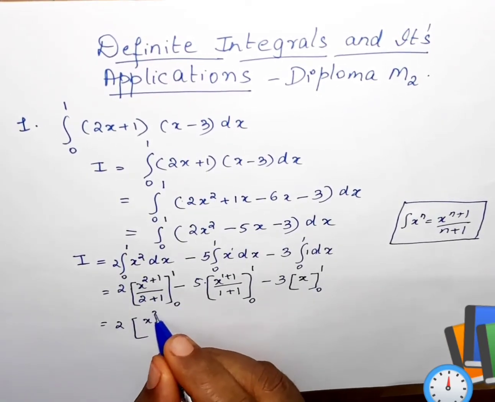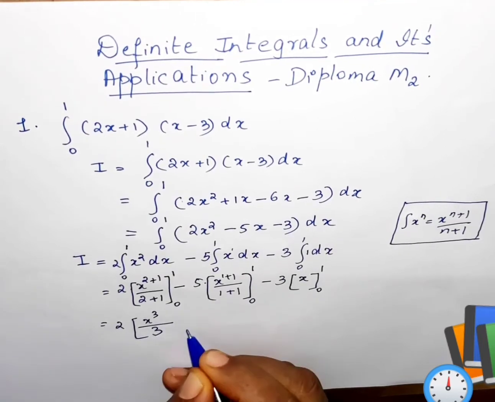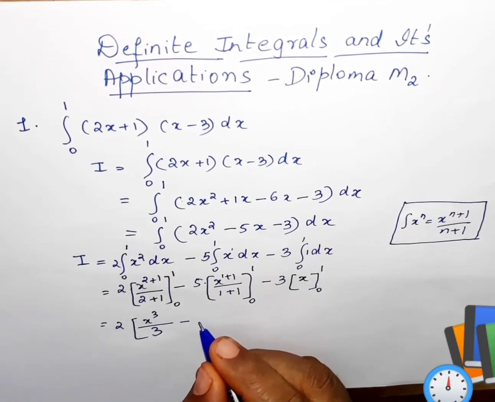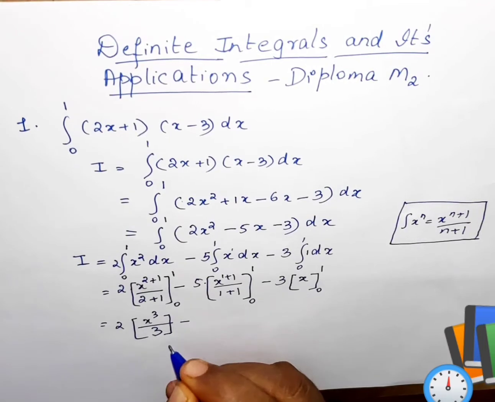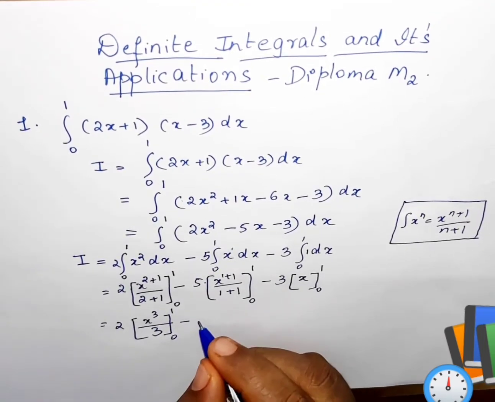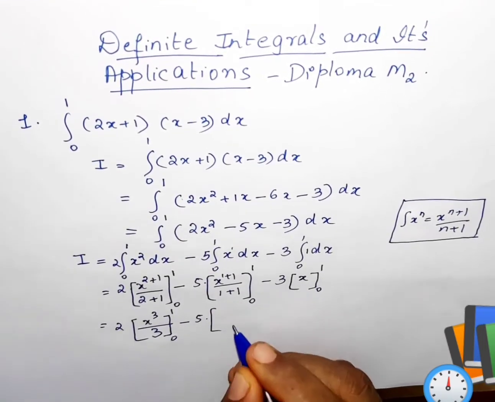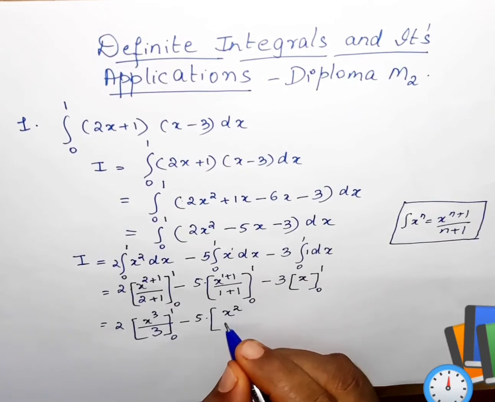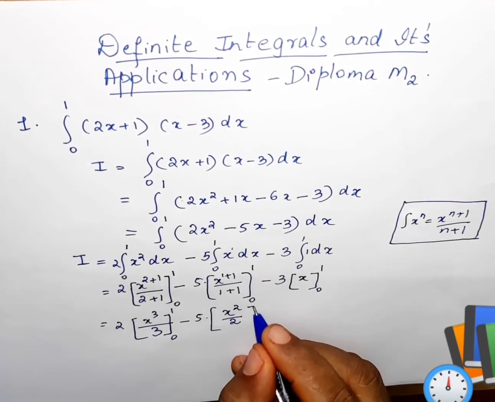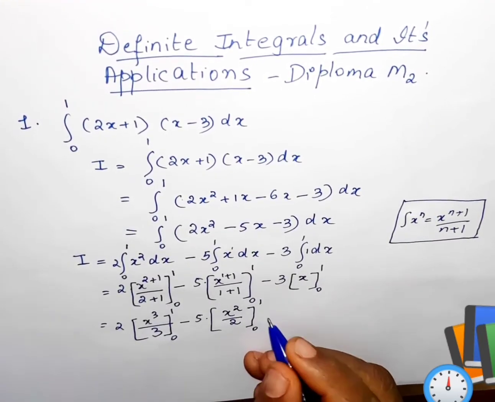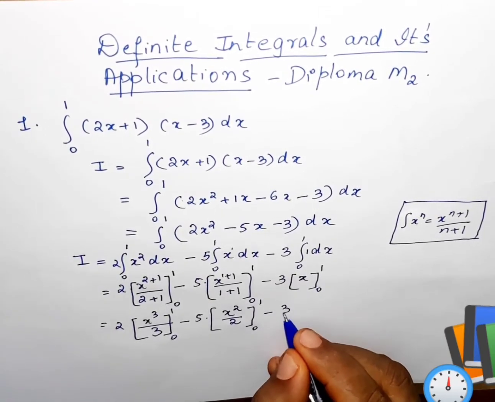Now 2 into x to the power 2 plus 1 becomes x to the power 3 by 3 minus 5 into x to the power 1 plus 1 is 2. So x to the power 2 by 2 and limits 0 to 1 minus 3.